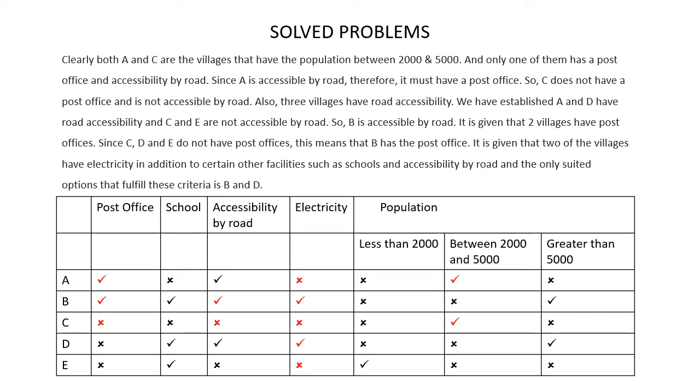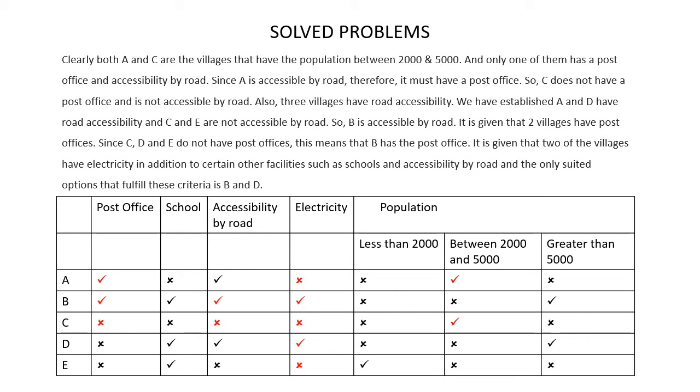Now, we have established that village A and village D have accessibility by road, and village C and village E do not have accessibility by road. So clearly village B is the one which has accessibility by road.